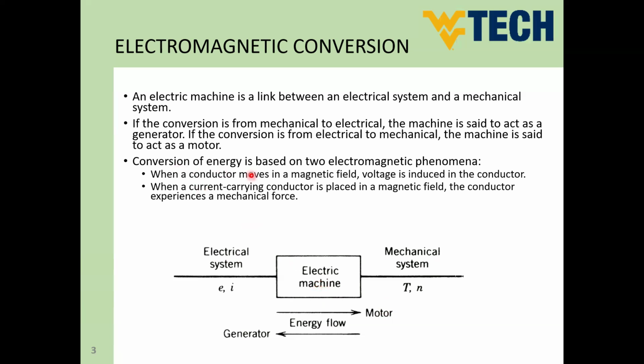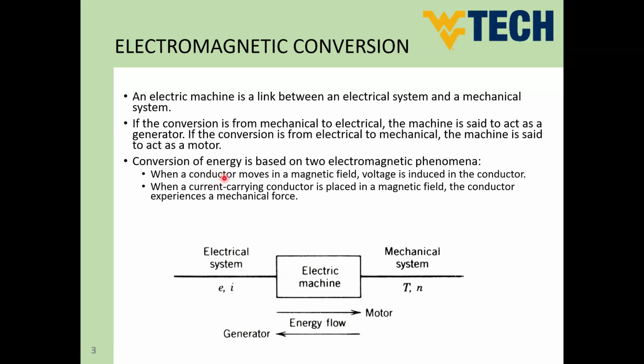So conversion of energy is based on two electromagnetic phenomena. What are these two phenomena? The first one is when a conductor moves in a magnetic field. Conductor moves means you have a source of mechanical power, which is going to move this conductor. Conductor means any current-carrying conductor, any wire.